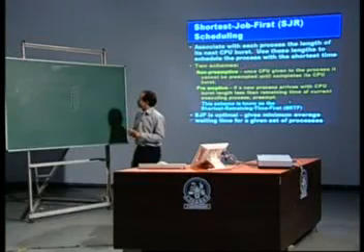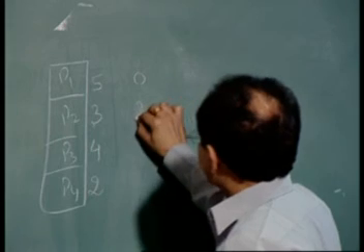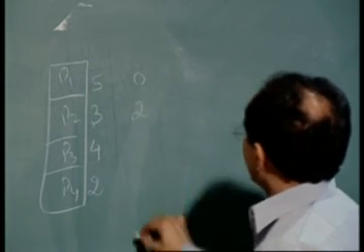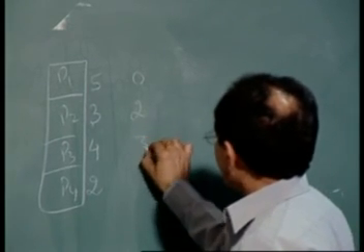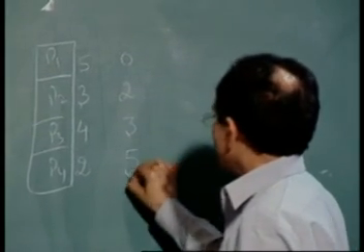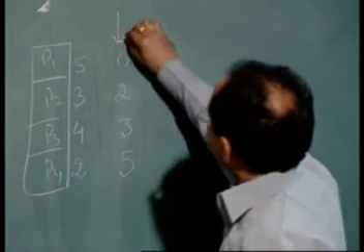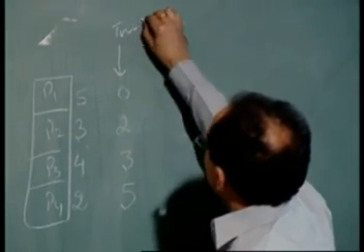Let us say this job has come at the 0th unit of time, this has come at the 2nd unit of time, this has come at the 3rd unit of time, and this has come at the 5th unit of time. Let us say this was the time of arrival.